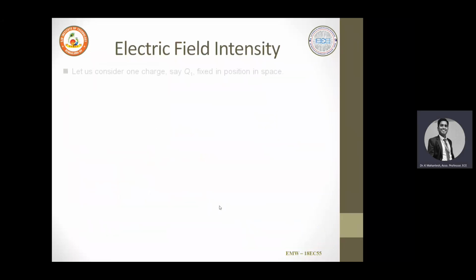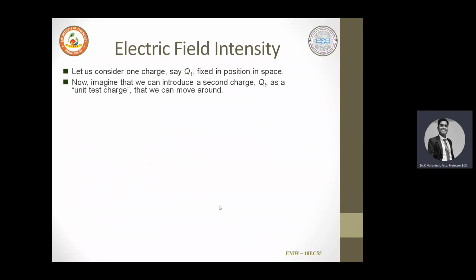Now let us try to concentrate on electric field intensity. So if we consider one charge fixed in position, say Q1, and move a second charge slowly around, we note that there exists everywhere a force on this second charge.